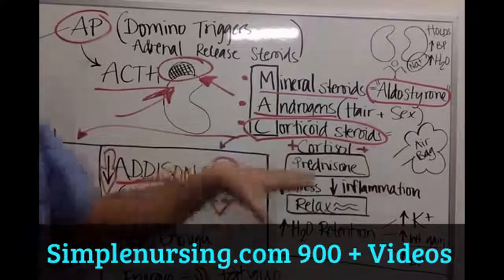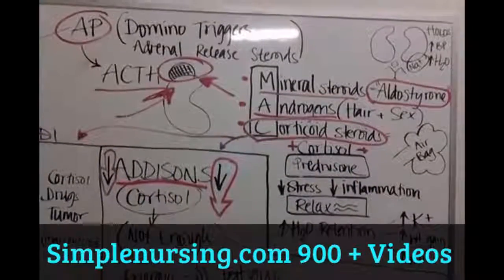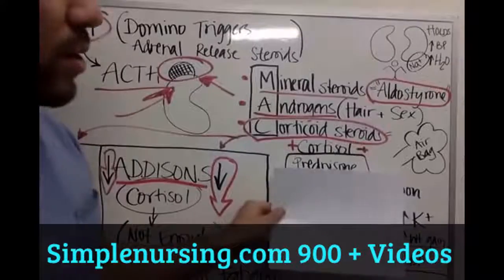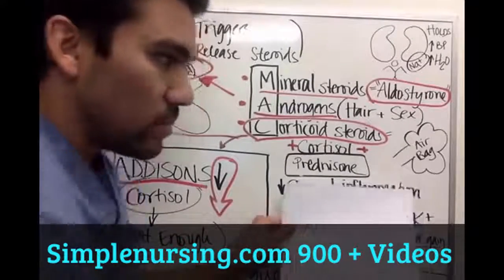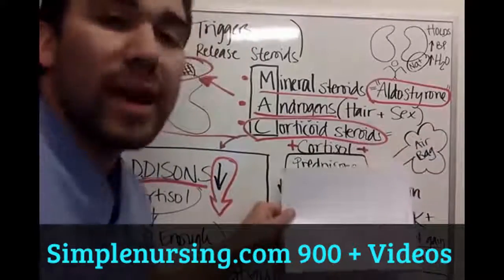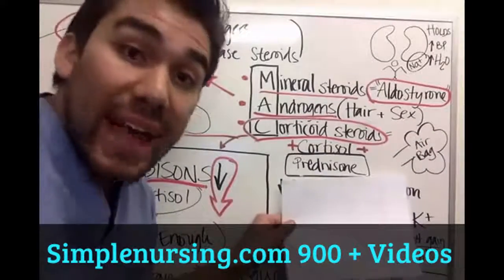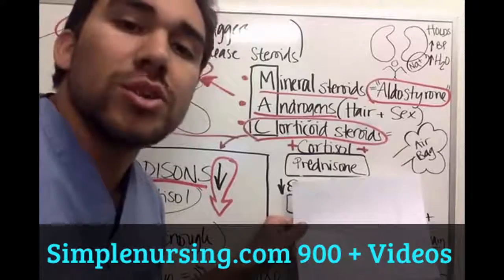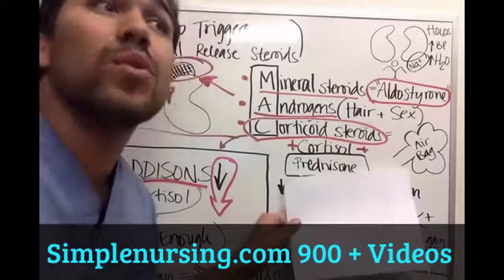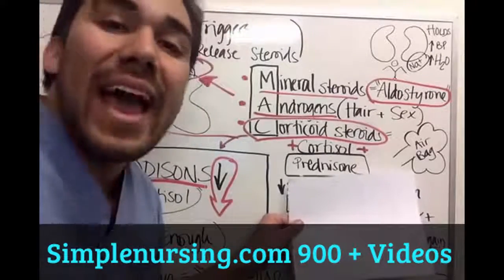Now, what do these guys do? What do corticosteroids do? I want you to think of them as acting like an airbag. Boom! What are airbags used for? Airbags are used in your car, if you get in an accident, to protect you from harm. So your corticosteroids, anytime you are stressed out, are produced and act like an airbag.